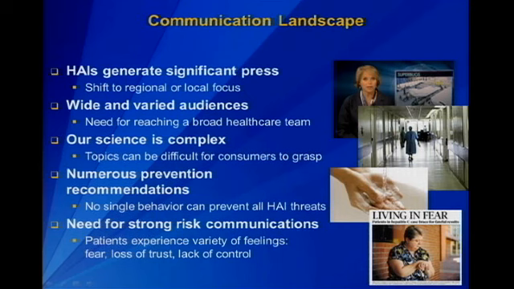So the communication landscape for healthcare-associated infections has actually changed a good bit over the last 10 years or so. They, as you know, generate a lot of significant press. The science is complex, and all of these factors combined create a need for really strong risk communications.